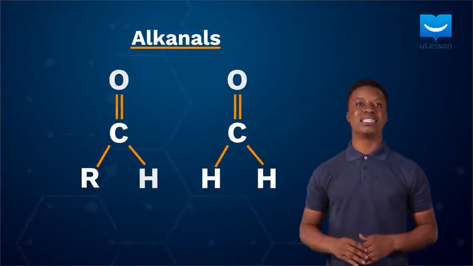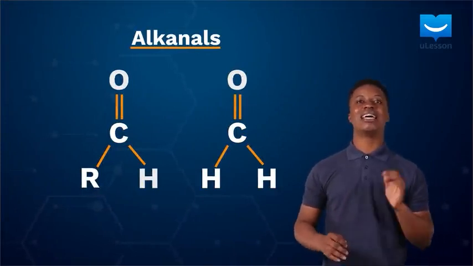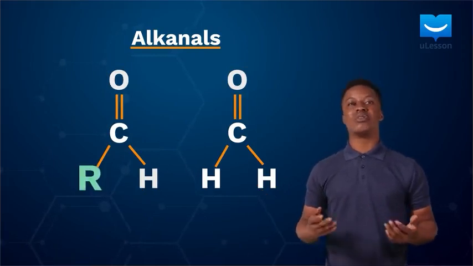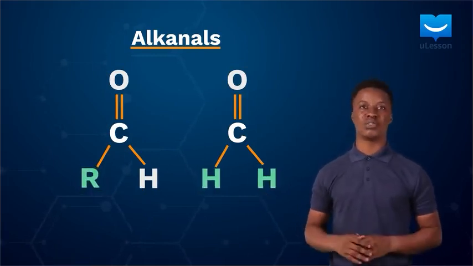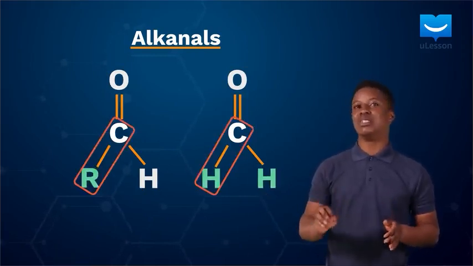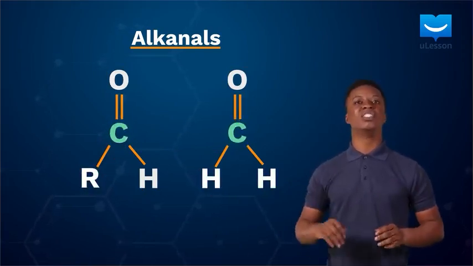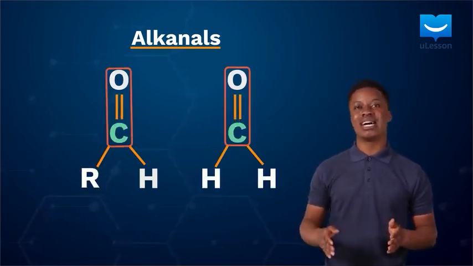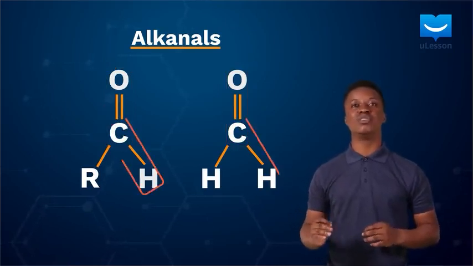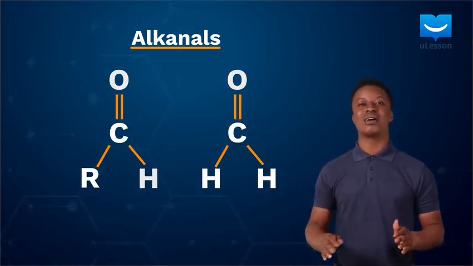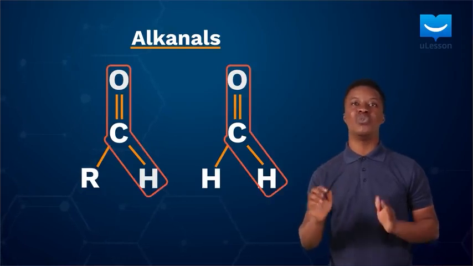Alkanals can be represented by the general molecular formula RCHO, where R represents an alkyl group or a hydrogen atom bonded to the carbonyl carbon. The carbonyl carbon is in turn doubly bonded to the oxygen atom and is singly bonded to a hydrogen atom. So, all alkanals have the CHO functional group.